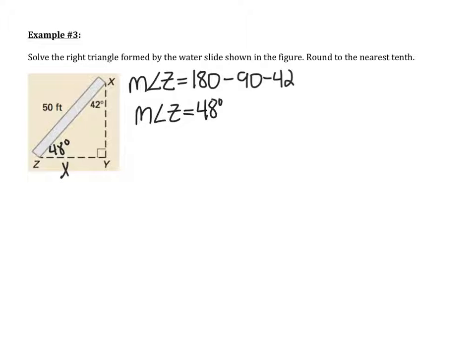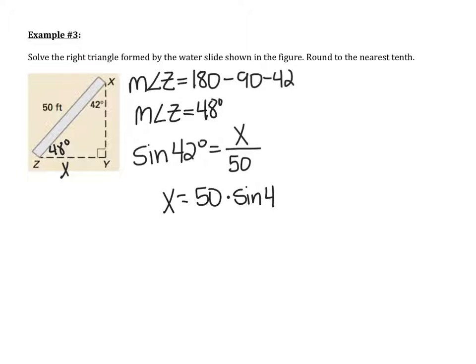So to find ZY, I'm going to set up the problem. The sine of 42 degrees is equal to X, which is just the measure of ZY, over 50, which is the hypotenuse. Since X is in the numerator, I just need to do one step, multiply each side by 50. So X would equal 50 times the sine of 42 degrees.